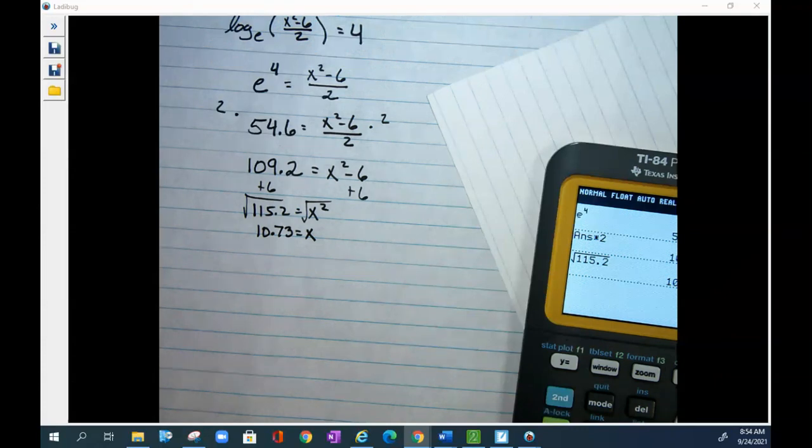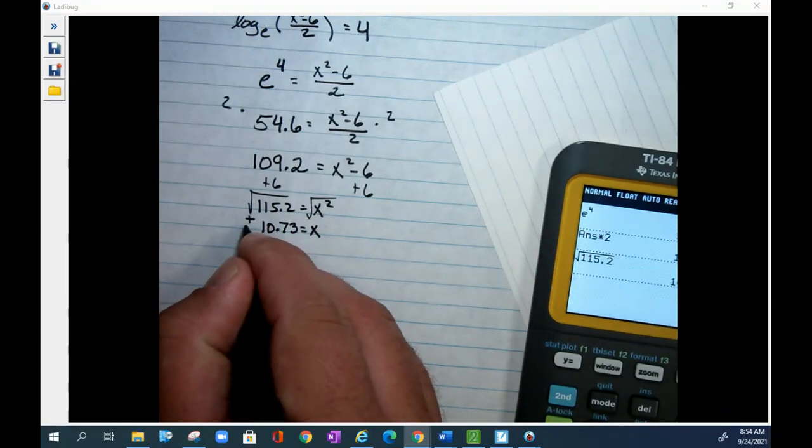Very end. 10.73 equals x. But remember, we just square rooted, right? So what I've got to make sure is out there. Oh, plus minus. Yeah, the plus or minus. I should end up with 2 answers.